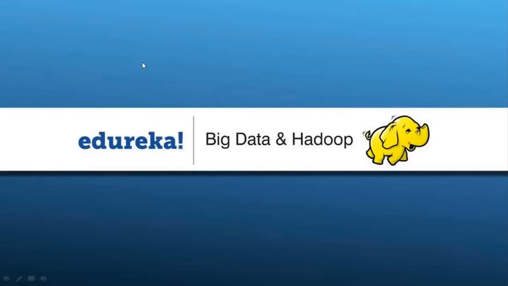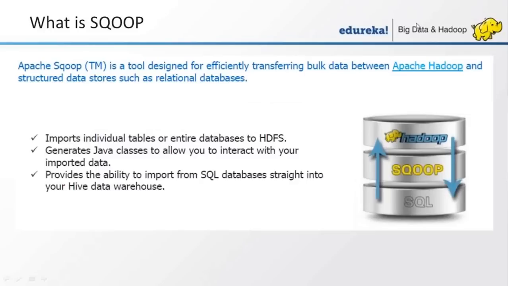Sqoop is a tool designed for efficiently transferring bulk data between Hadoop and structured data stores such as relational databases. Most often, you will also need to analyze the data stored in your relational database along with your other unstructured data.